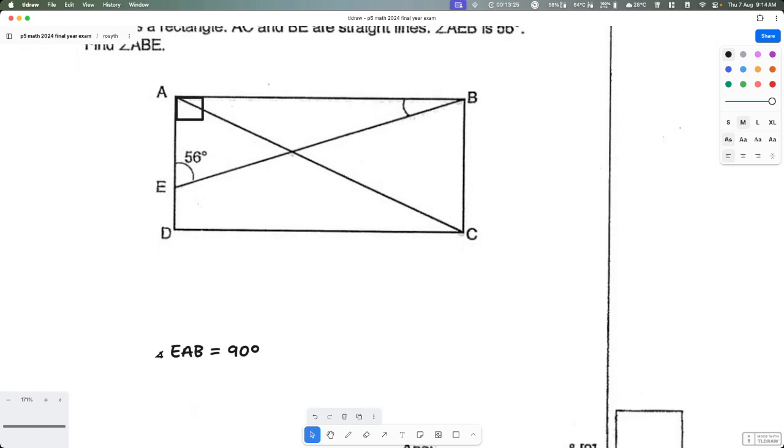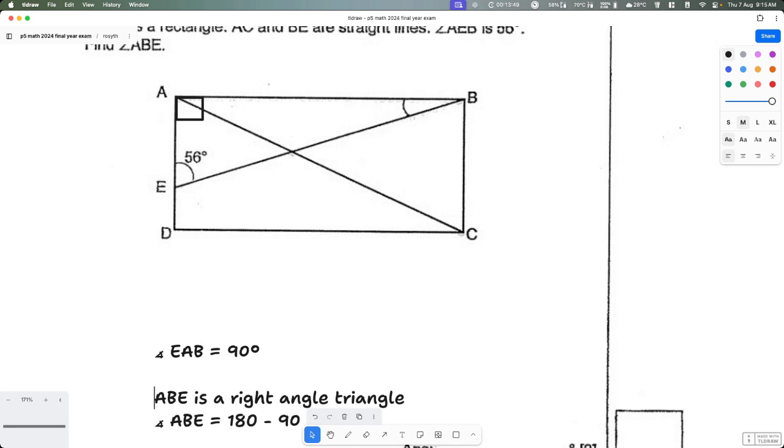Basically, angle ABE is equal to 180 minus 90 minus 56. ABE is a right angle triangle.